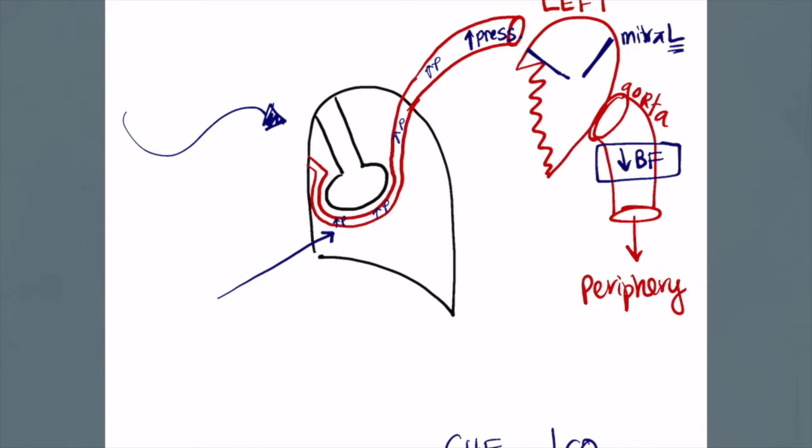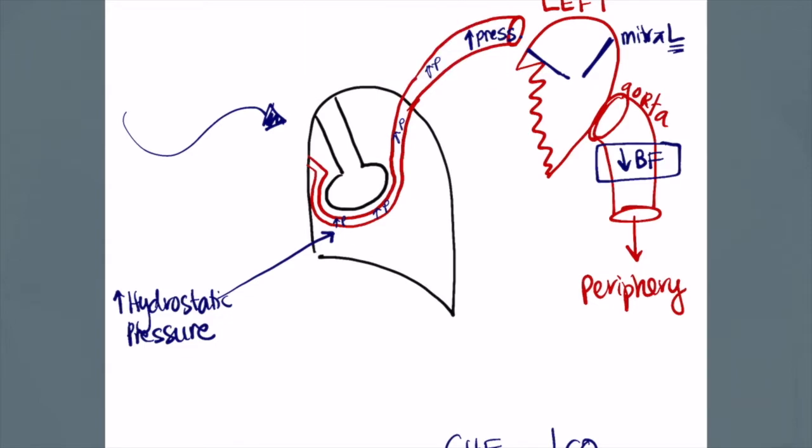Well, that's going to be a capillary, right? Because that's where we have gas exchange. If we're saying we have increased pressure, what's another way of saying that? Another term that we've used a lot this semester. This is going to increase the hydrostatic pressure within the pulmonary vasculature.